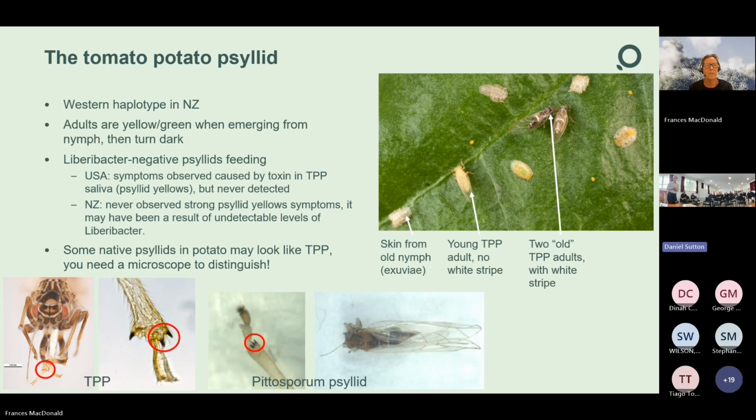One really important thing is that when the adults come out of the nymph, they are very pale, kind of yellow-green, and they don't have that stripe. Then they start to harden up, and about 3 days later, they will be that brown color and have the white stripe.